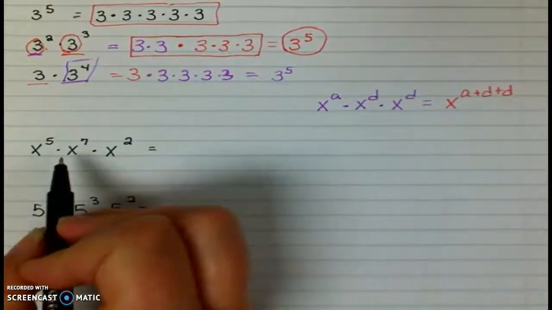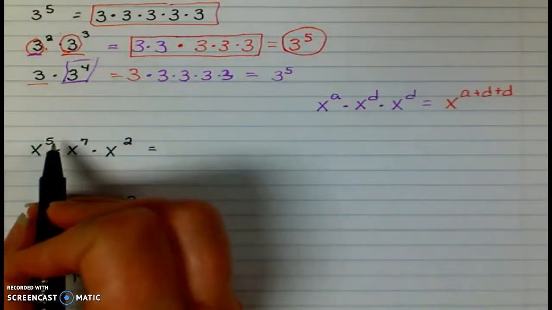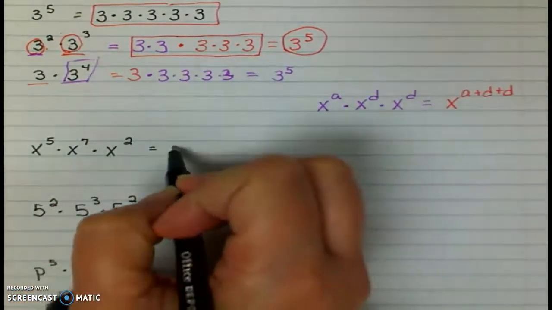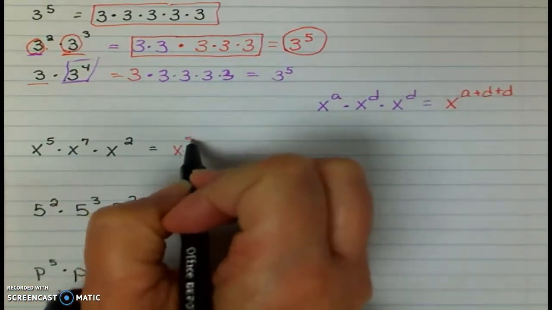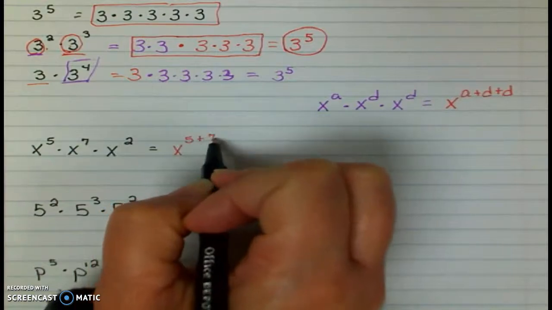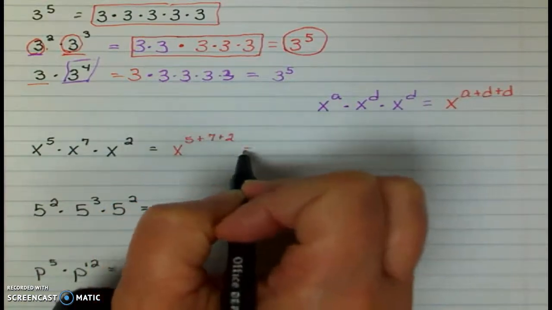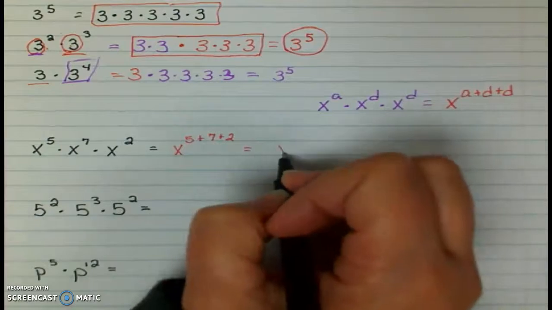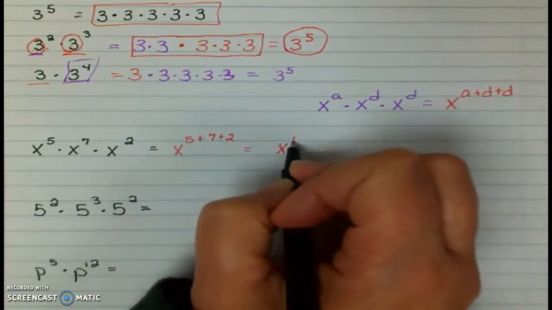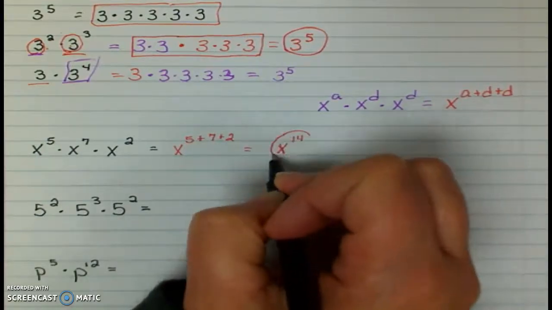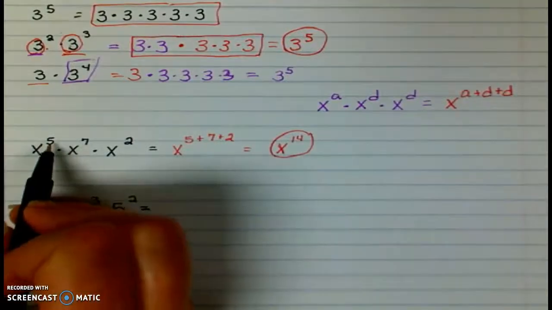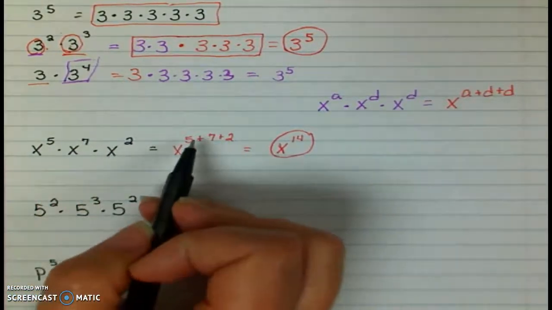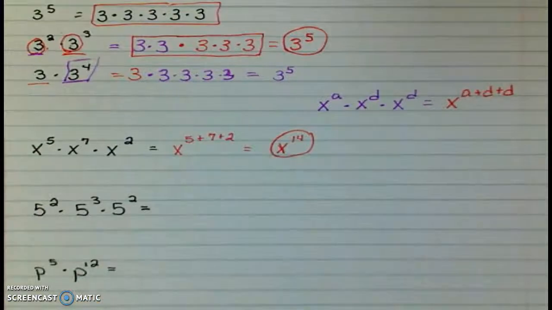So if we apply that to these variables, x to the 5th times x to the 7th times x to the 2nd, what you do is you add the exponents. Since the base is the same, you add those exponents. So 5 plus 7 is 12 plus 2 is 14. So you end up with x to the 14th power. And you could just sit there in your head and go 5 plus 7 plus 2. You don't have to write this step down, but keep in mind you add those exponents together.